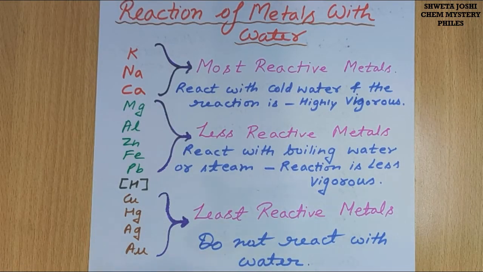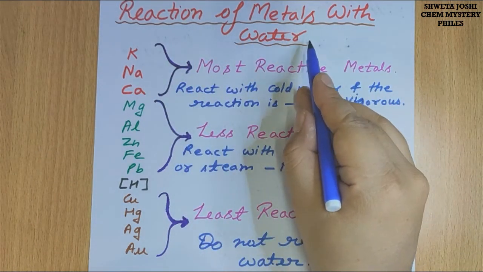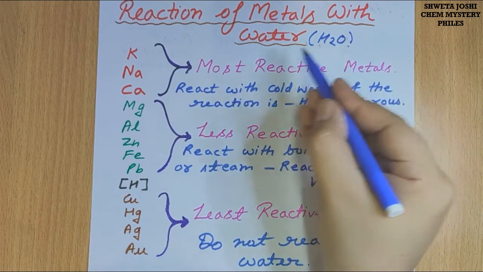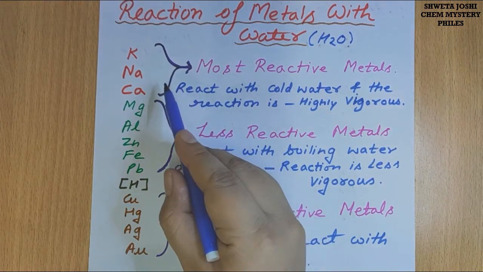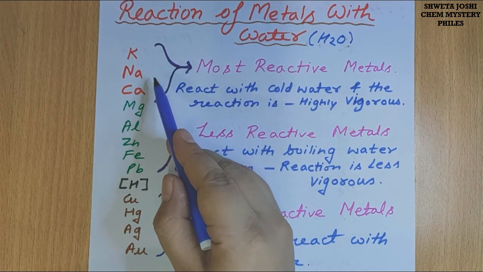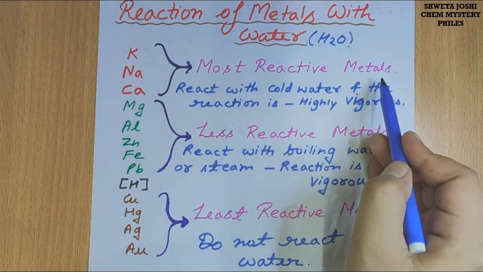Now covering reaction of metals with water, that is H2O. This is general metal activity series. The elements which are placed at the top of the series like potassium, sodium, calcium. These are most reactive metals.